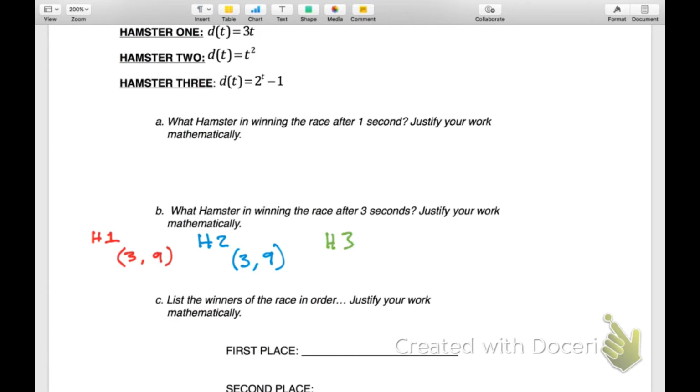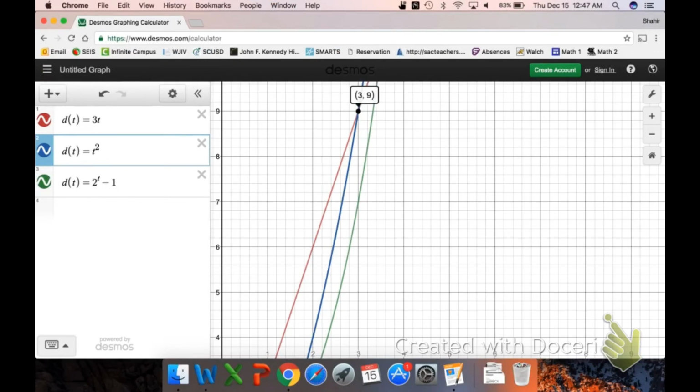And now looking at hamster 3, after 3 seconds, and again that's green, so I know 3 is here on this line. Okay, so at 3 seconds, again we're looking at the green line because that's hamster number 3.